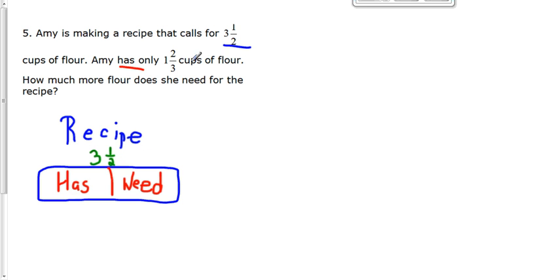Amy has 1 2/3 cups. So I need to find out what she needs. If this is my whole bar, I'm taking part of that 3.5 off. So this means I'm going to have to subtract. So I'm going to set it up.